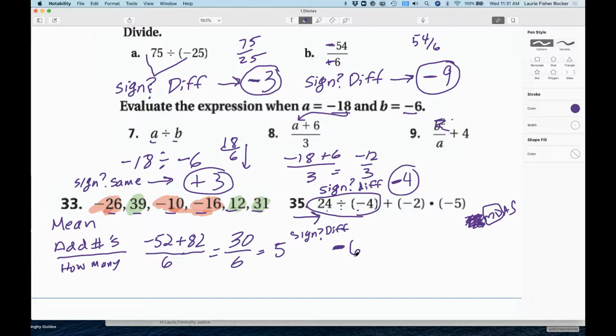So I'm going to skip that plus, and I'm going to go negative 2 times negative 5. Oh, I do have another multiply, so I need to do that. What do I do with the sign? They're the same, so it's going to be positive. And then 2 times 5 is 10. And then I have the plus in the middle. So what's negative 6 plus 10? That's going to be 4.